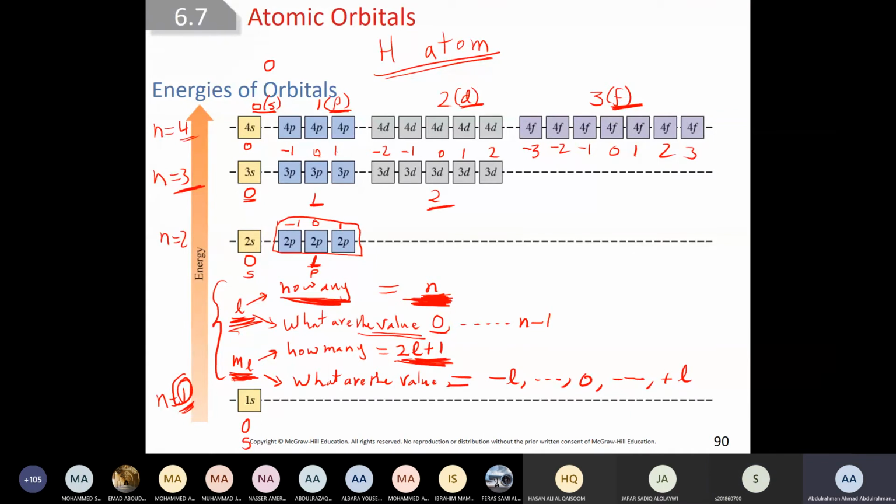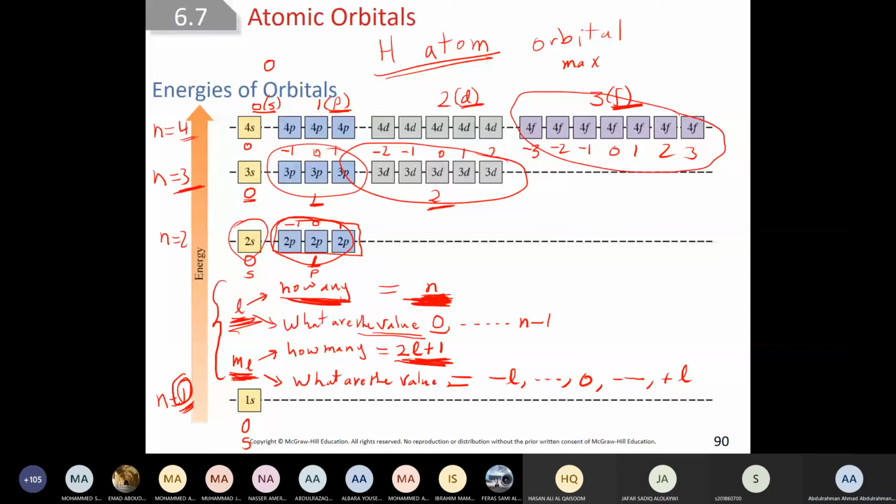All right. And now, everything here is called an orbital. So this is S orbital, this is P orbital, this is D orbital, this is F orbital, and so on. Each orbital can take a maximum of 2 electrons.